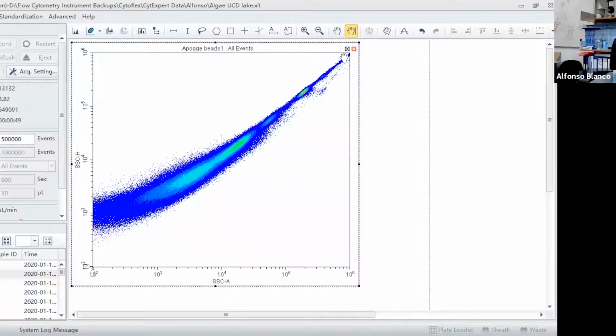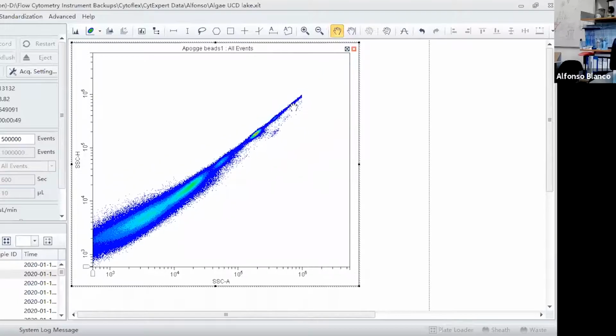The advantage here is we can start to move things down, put them back into scale, and see where we have the aggregates. You can see we have fewer aggregates when we look at the blue side scatter compared to the violet side scatter. So my preference is always to start with violet side scatter for removing aggregates.